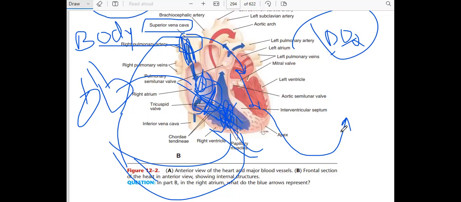The second thing is that in the right heart, first deoxygenated blood comes from all parts of the body into the right atrium. Then it will enter the right ventricle. Then it will go to the lungs. Then oxygen will reach the blood.